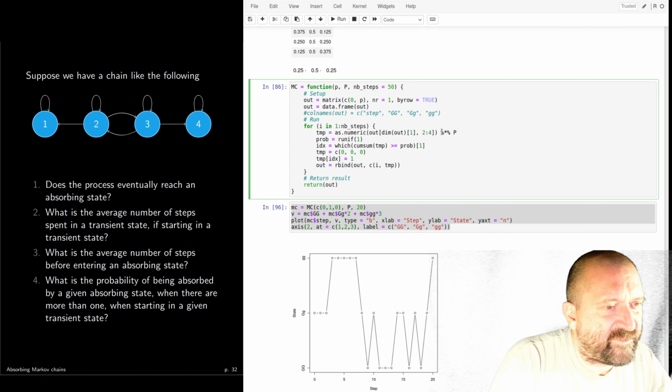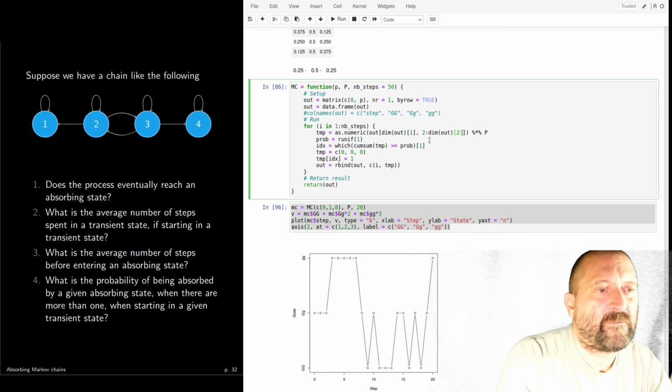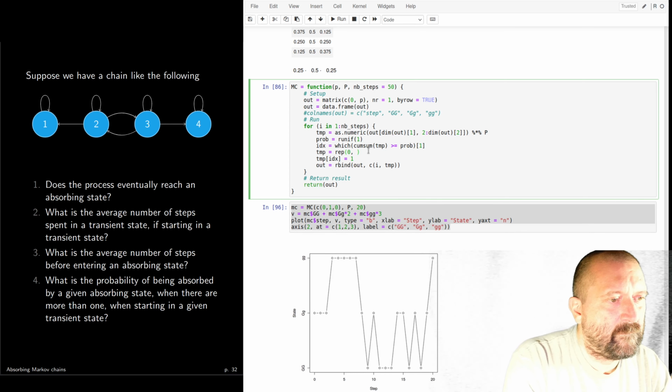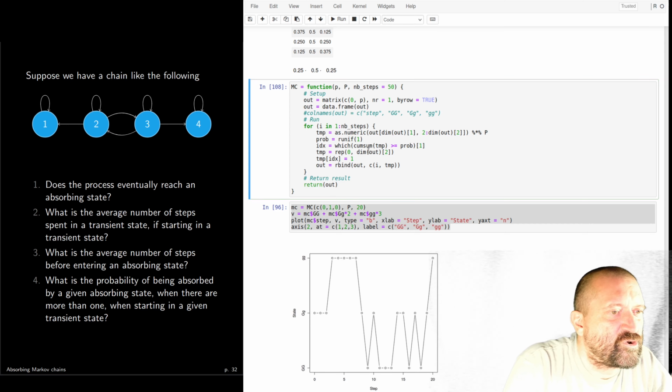This should be from 2 to the second dimension of out. This is a repetition of 0, dimension of out 2 times. We take the temp of this here. This tentatively could work.